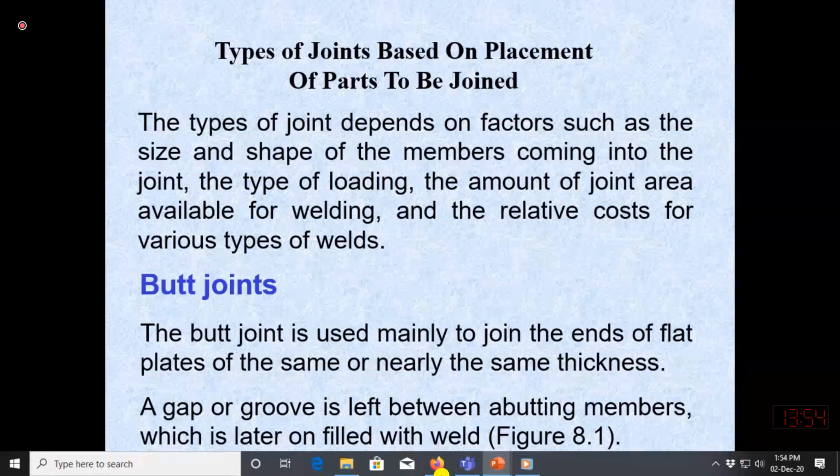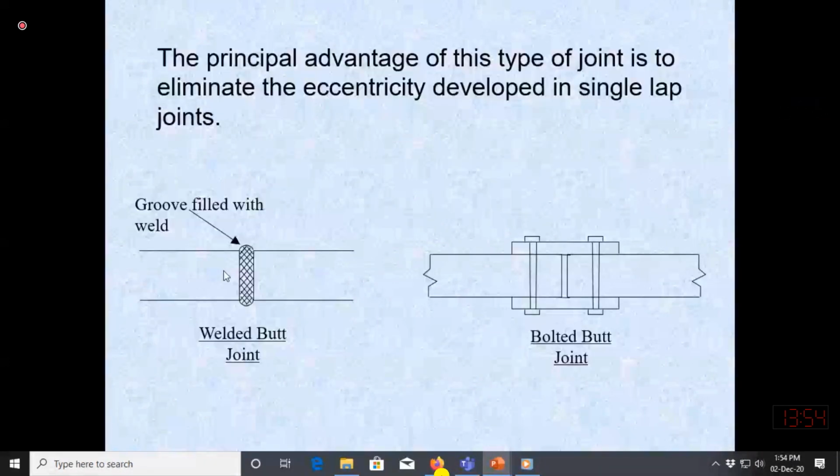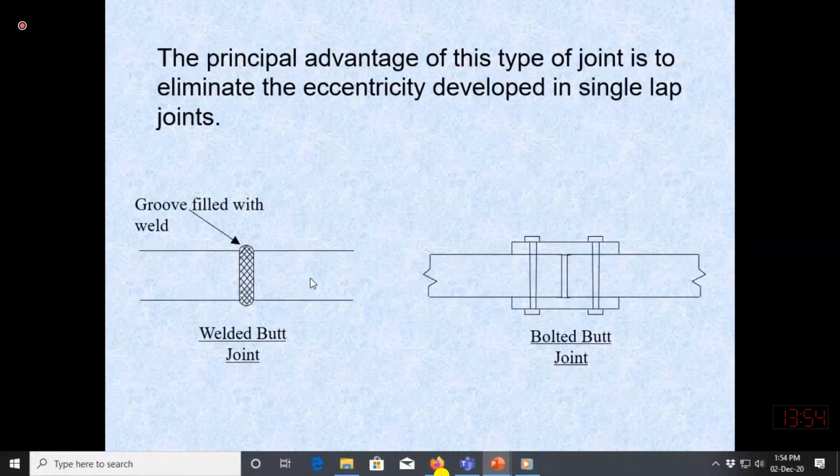Types of joint based upon the placement. We have two types of joint depending upon the placement: one is the butt joint and the other is the lap joint. In the butt joint, the centre lines of both connecting members coincide with each other, and the gap between them might be filled by weld.